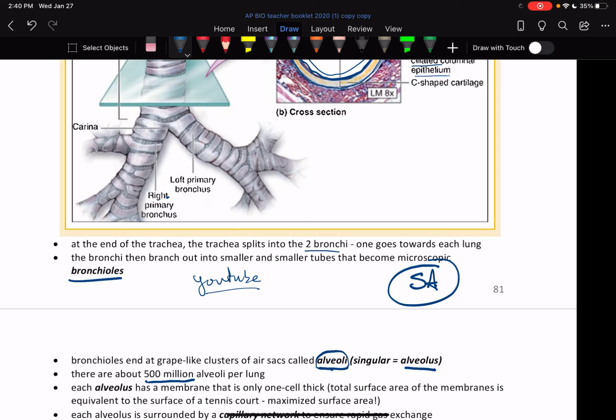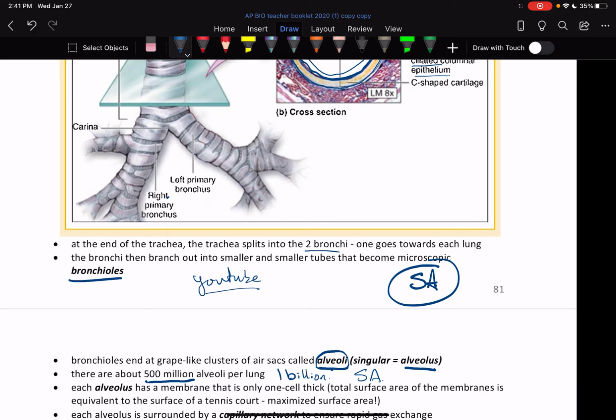So in each lung, you have 500 million of these little tiny air sacs, okay? And of course, you've got a corresponding number of bronchioles reaching those alveoli. So that means between both lungs, you got about 1 billion of these air sacs, okay? And that is really maximizing surface area.